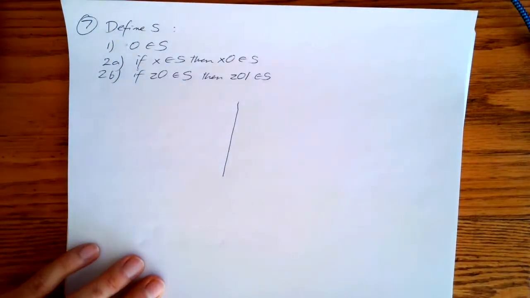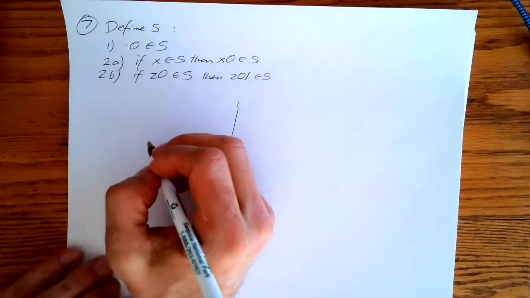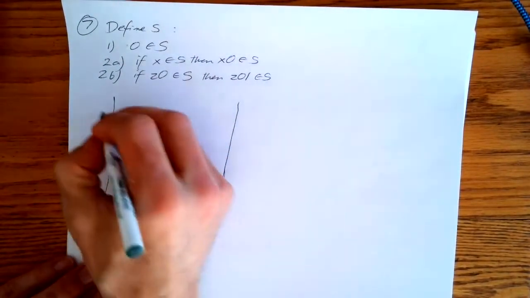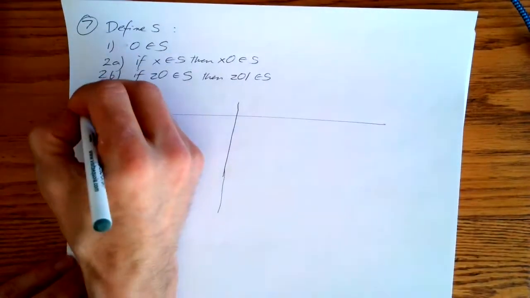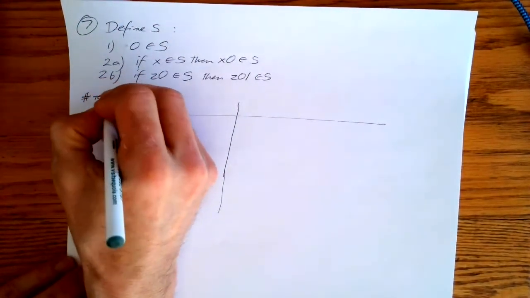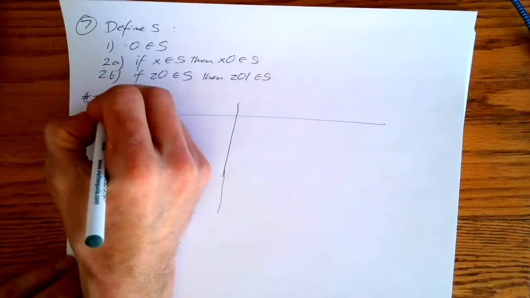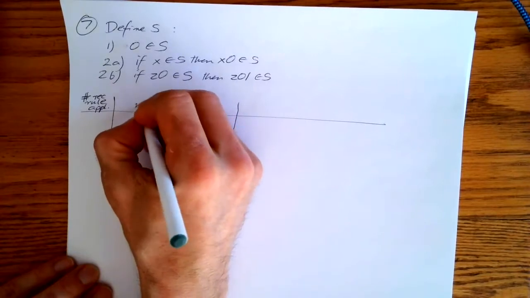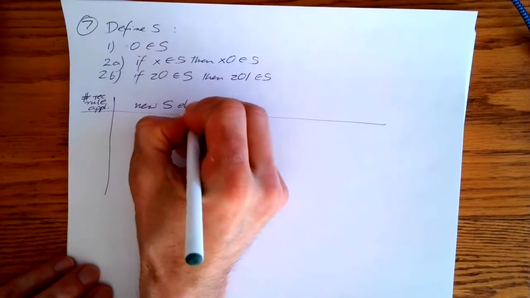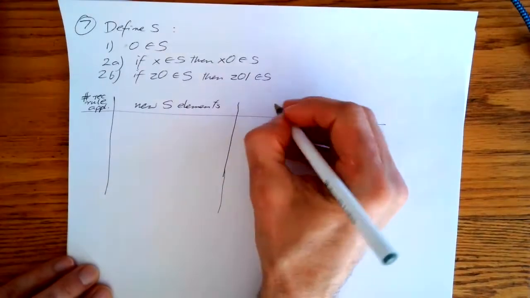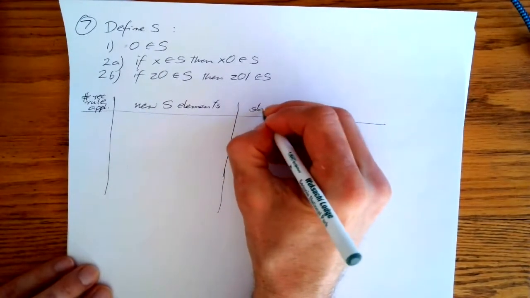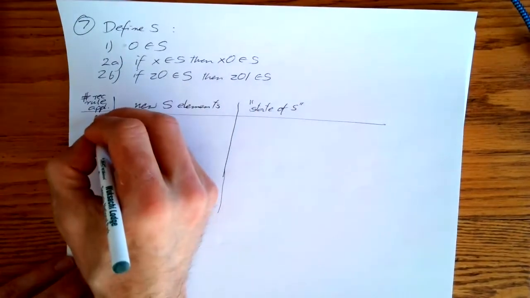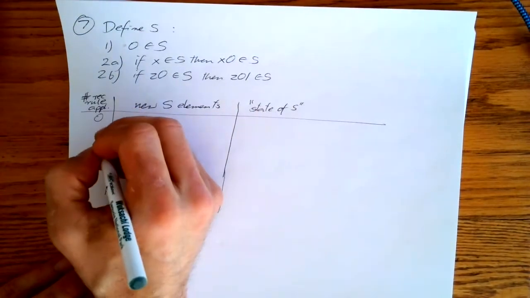Let's leave a good amount of space. So this is the number of recursive rule applications, and these are new S elements, and this is the state of S so far.